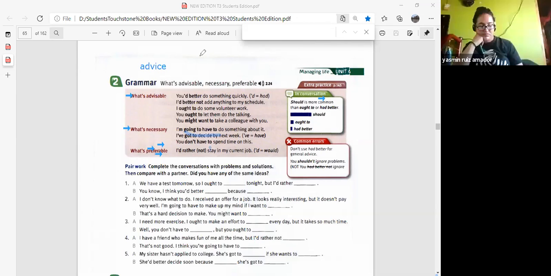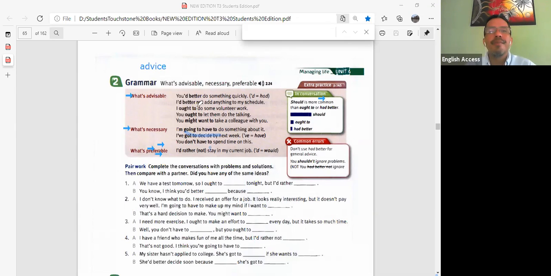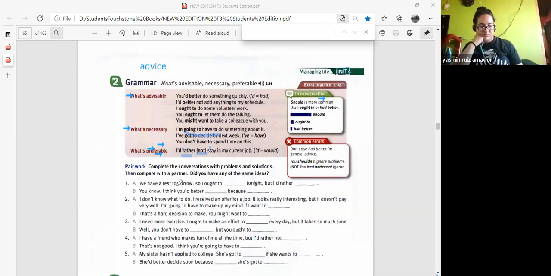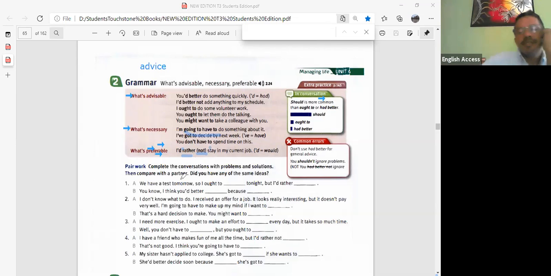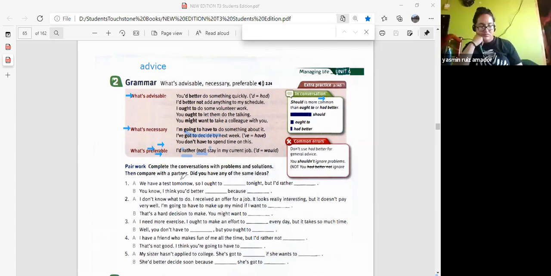In this construction, the not goes after rather. Es I'd rather not. El not va siempre después del rather. Nunca va acá. Well, you have some examples here, so you better understand this grammar.